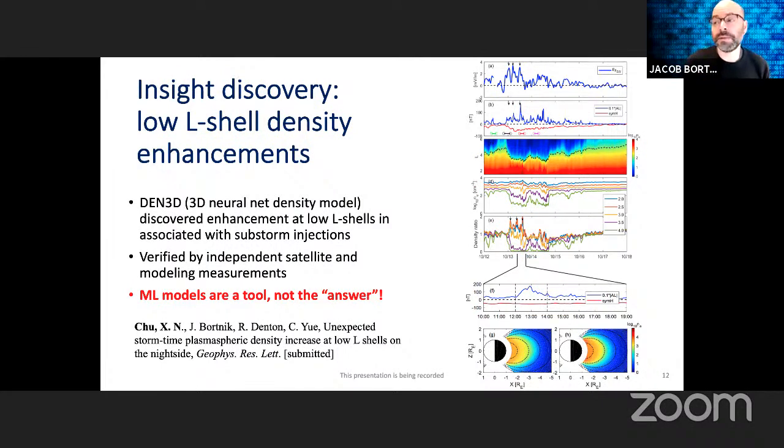It's a machine learning enabled discovery because we use our machine learning as a tool. We were able to see our data in a way that you just can't see these kinds of enhancements from a time series. It's very difficult to discern that this is the thing that's actually happening. So, discovering new physics using a machine learning model.